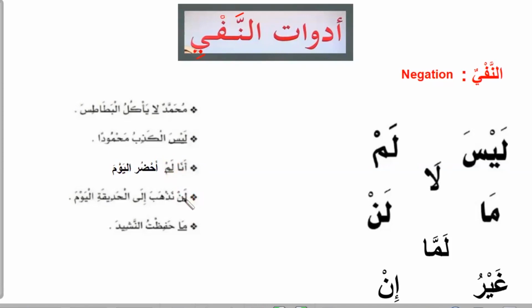So we come to lan. Lan nazhaba ila al-hadiqati al-yawma. We will not, or we will never. One thing is that lan could come to mean not, just like la. You could have just said la nazhabu ila al-hadiqati al-yawma.